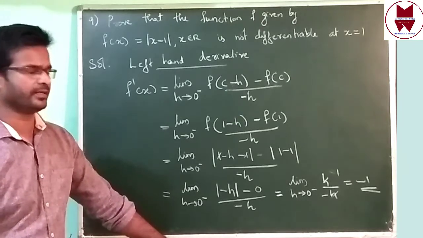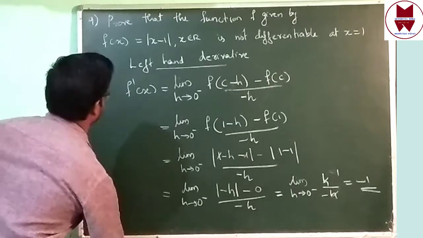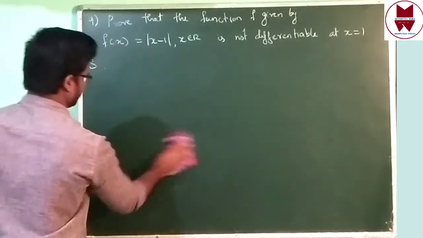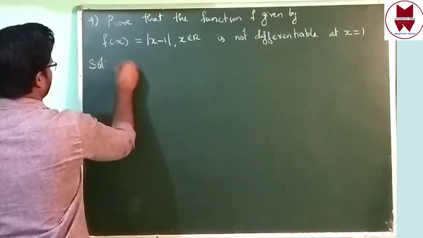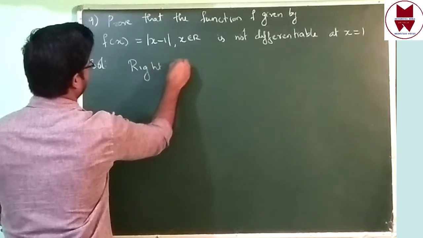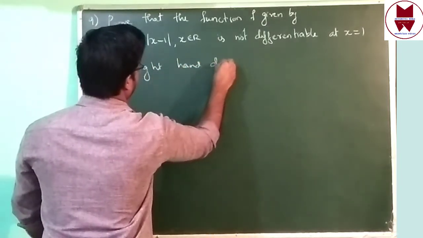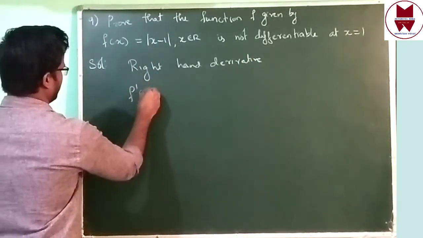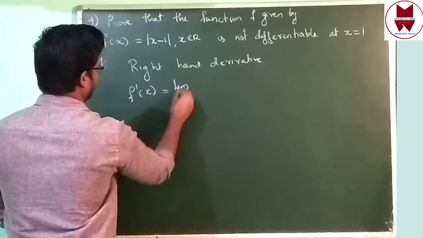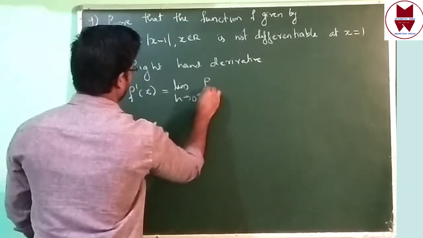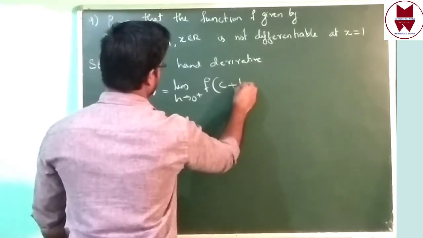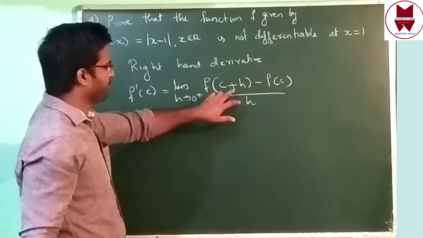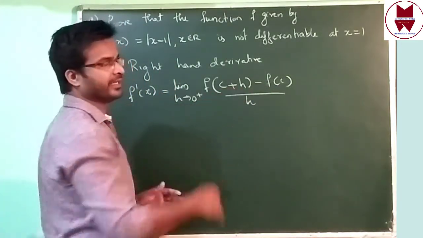Now we can check the right hand derivative. f dash of x limit h tending to 0 plus, f of c plus h minus f of c divided by h. Here plus h you have to use because the right side of 0 is positive.